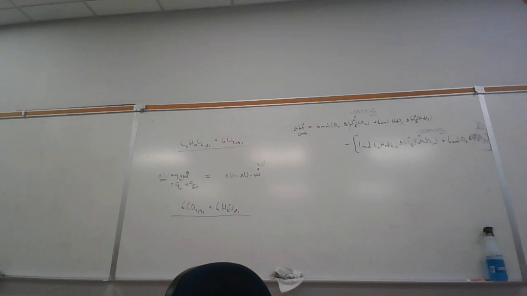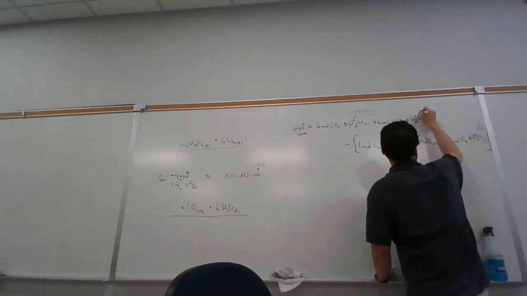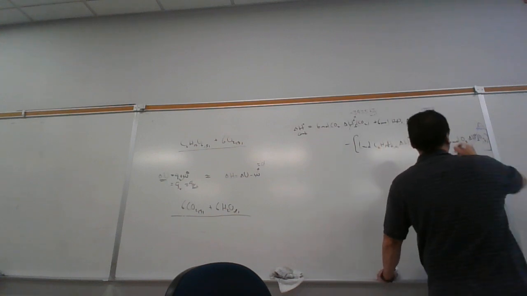And let's go to water. All right, we're going to H2O liquid, which is minus 285.8. H2O gas is a different delta H formation. H2O liquid, minus 285.8 kilojoules per mole.